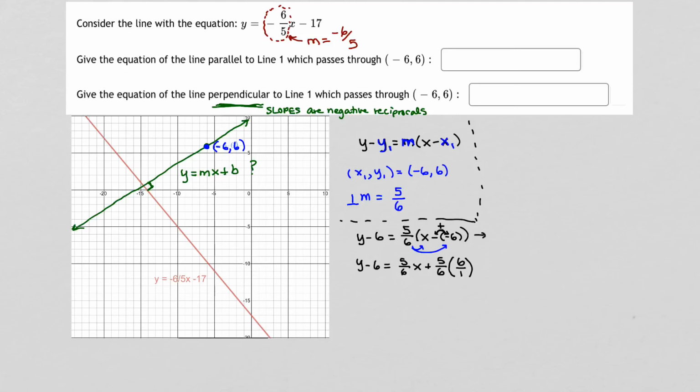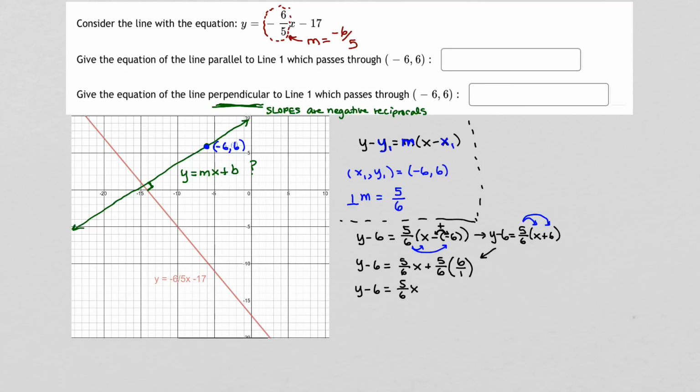There was a little side note here that I didn't write down, but y minus 6 equals 5/6 times x plus 6 is what I have when I have the double negative. And so when I distribute, just to clarify, we had 5/6 times x and 5/6 times 6. So that's where I got this line from. Continuing on, I have y minus 6 equals 5/6x.